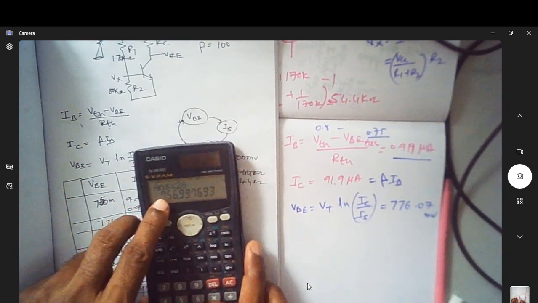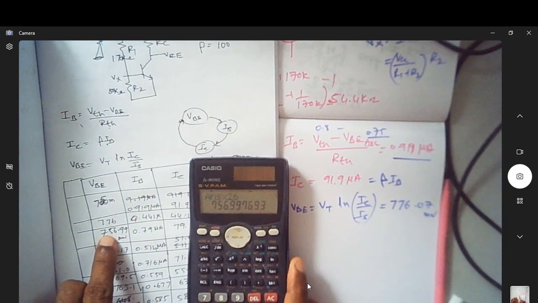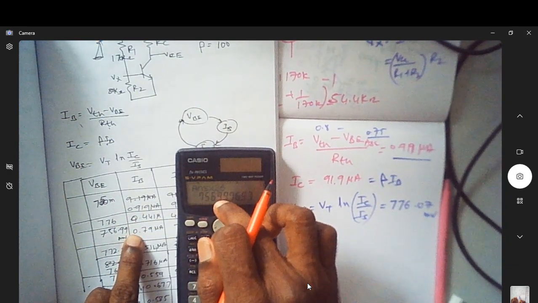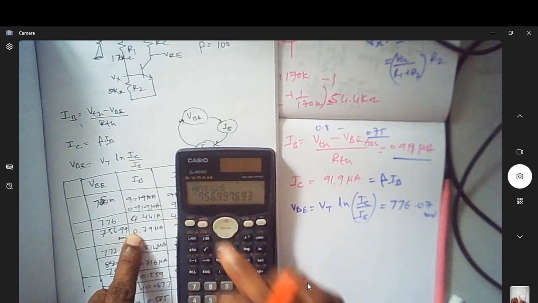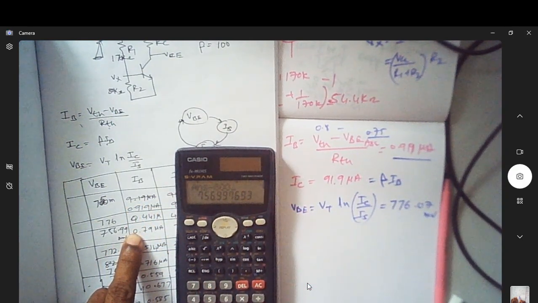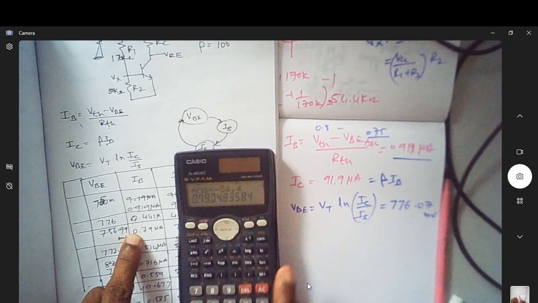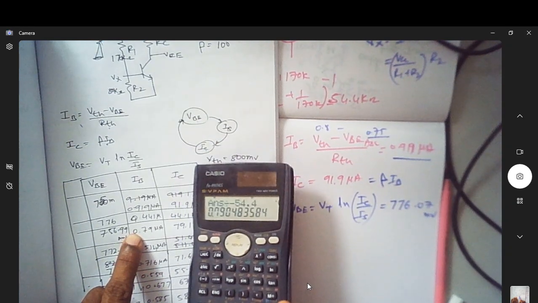Can you see this comes out to be 756? That's what is 756.99. Then use this to find IB. So that is minus 800 divided by minus 54.4. Can you see now it is 0.79 microamperes.